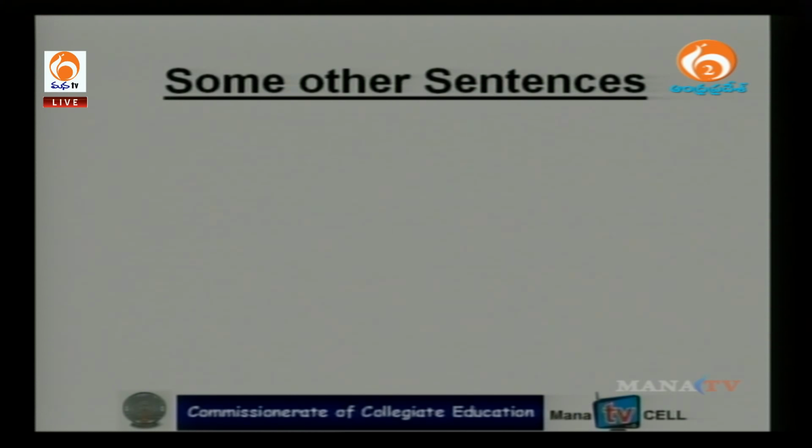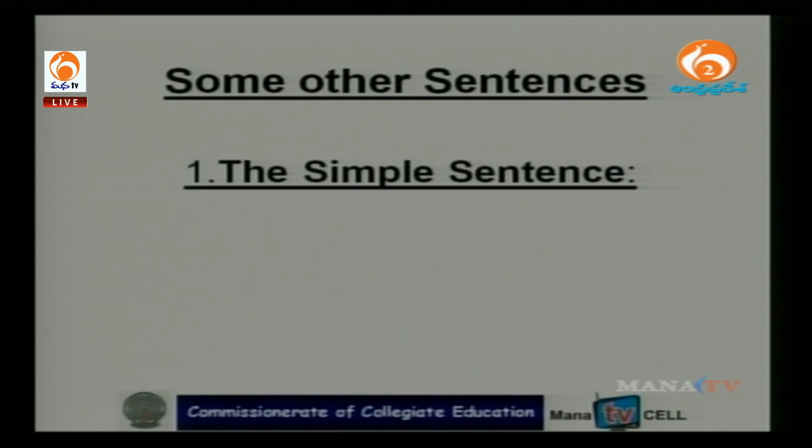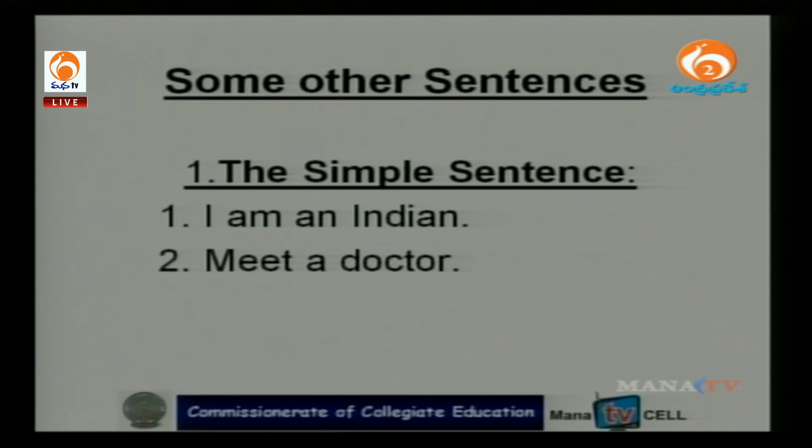Now, there are some other sentences in English. The simple sentence. Look at the examples. I am an Indian, meet a doctor, how are you? These are all simple sentences where you find a verb in each sentence. In the first sentence you have a subject, in the second sentence you do not find the subject, and in the third one there is a verb.